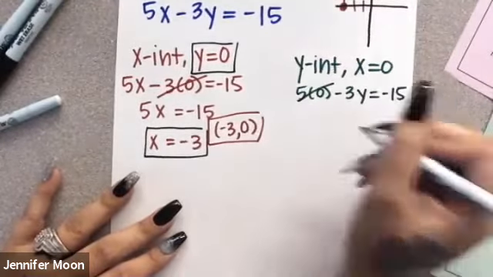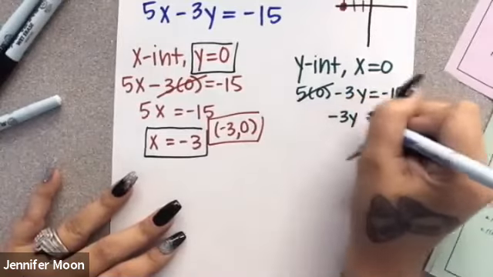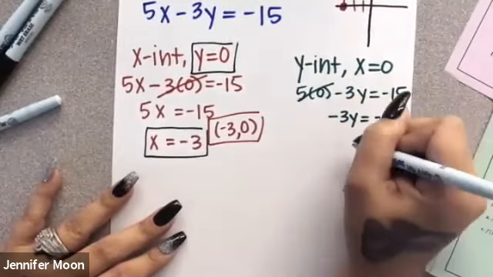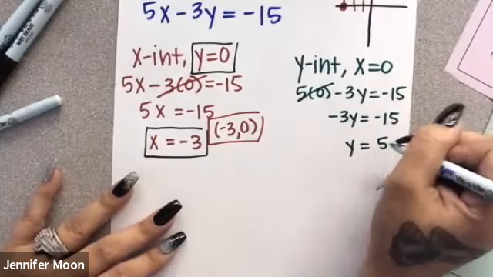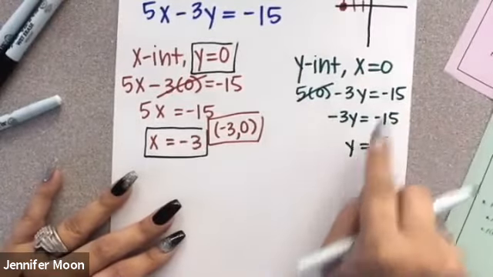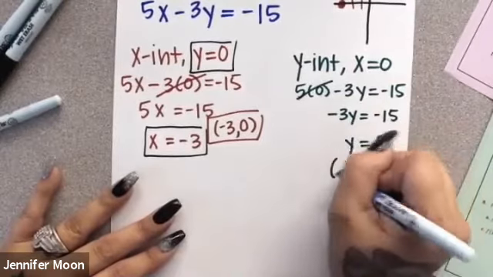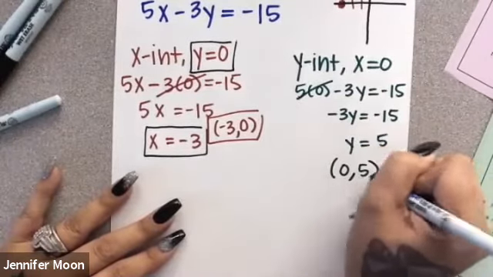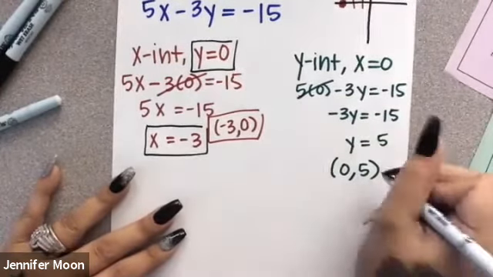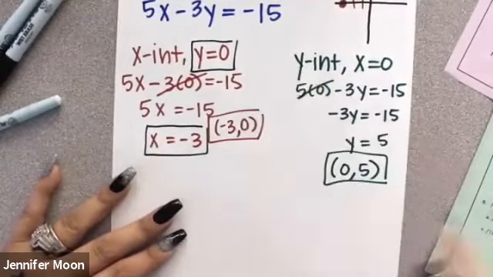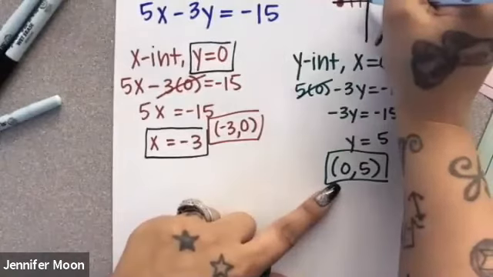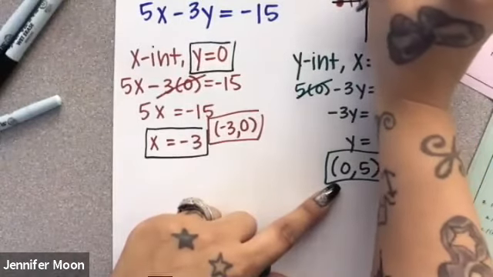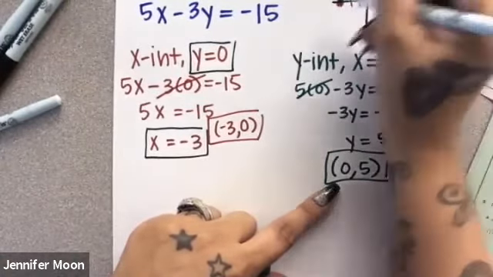Those went away. -3y equals -15. y equals 5. So I have my y and I have my x, which means I have my point (0, 5). That's my point for my y-intercept. So I don't go anywhere on my x, and I go up 5 on my y, and then I draw a line through them.